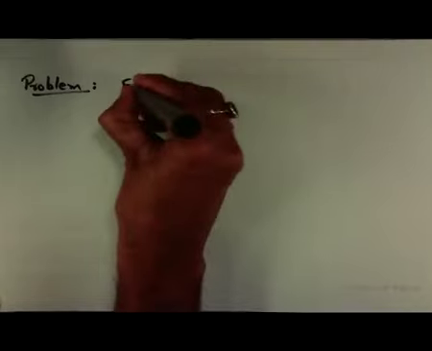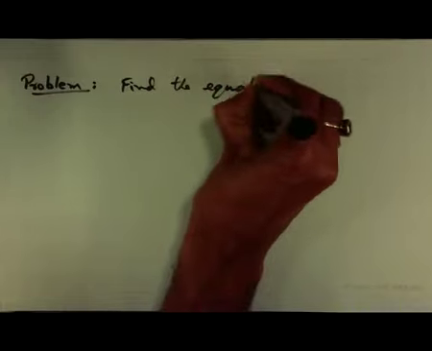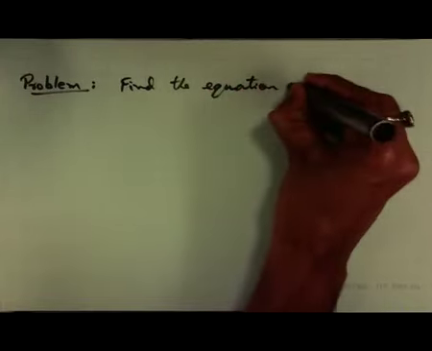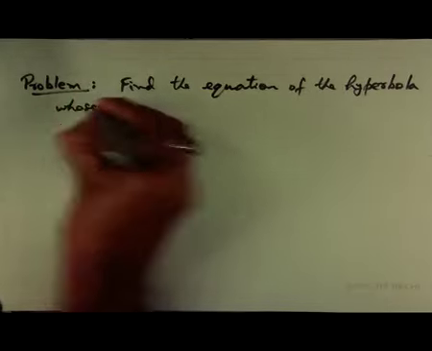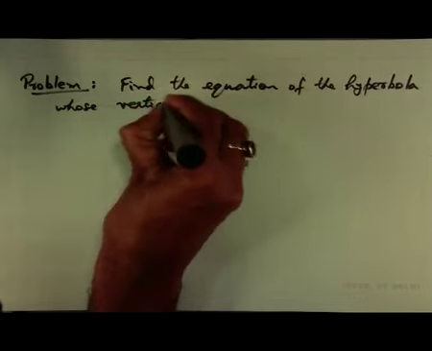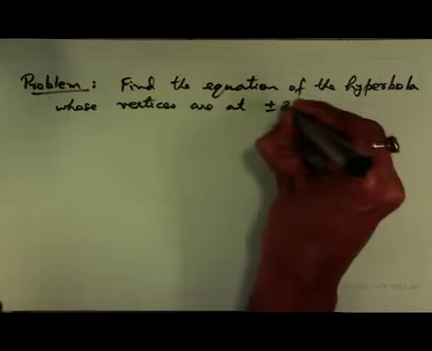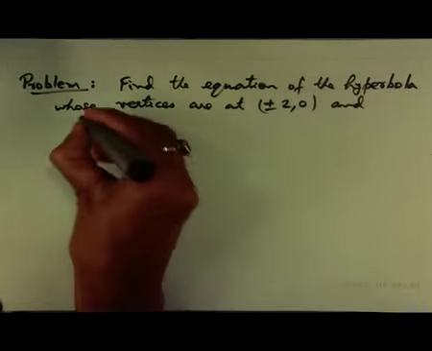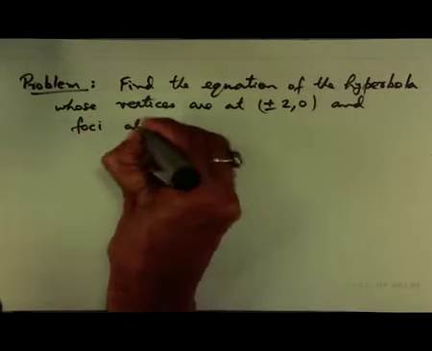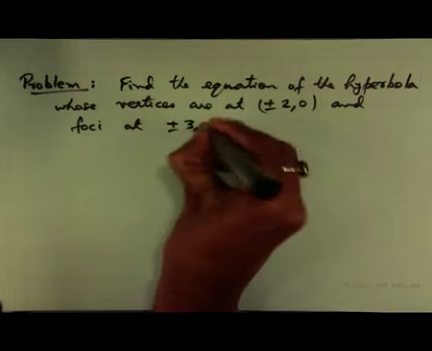So, find the equation of the hyperbola whose vertices are at plus minus 2, 0 and foci at plus minus 3, 0.